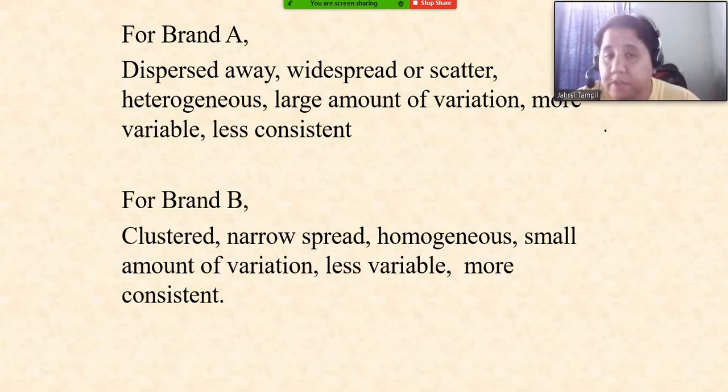So the measure of spread or the measure of variation does not deal only with whether the data are closer together or not. Although it's related, it's also more about the consistency, the heterogeneity or homogeneity of our data. So this can give us an even better picture than just giving the measure of central tendency.